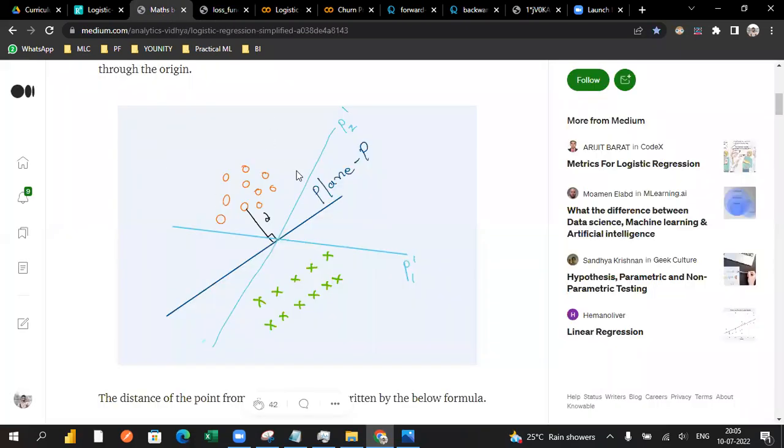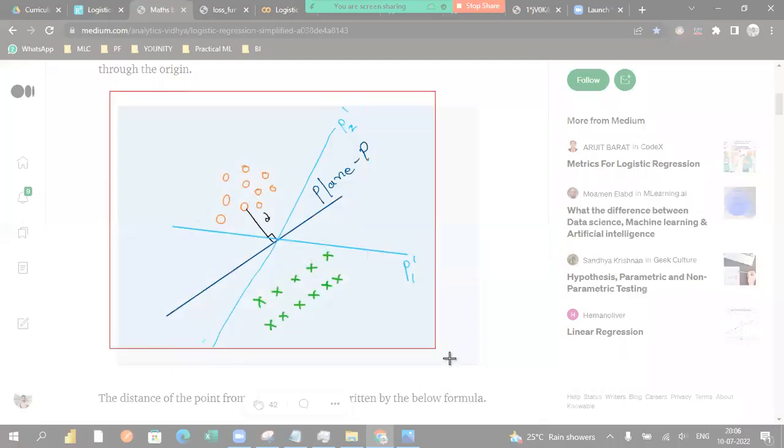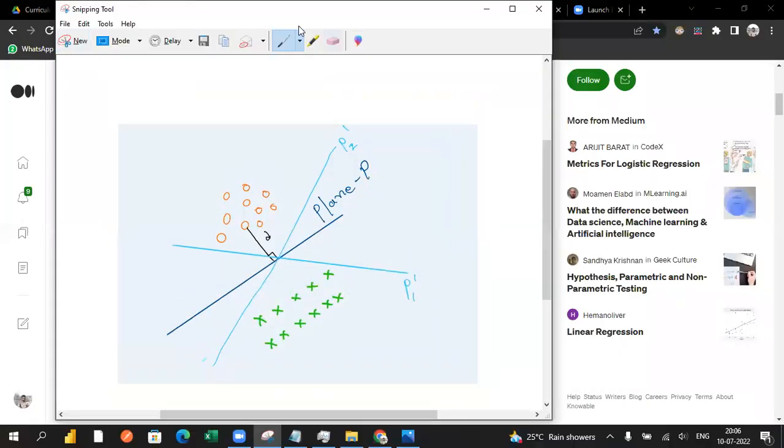So let's focus on the geometric intuition: how does that help us, and what terminologies are we going to use? Let me take you through this in a snippet. You have two classes here. One is the positive class on one side of the hyperplane, and the other is the negative class.